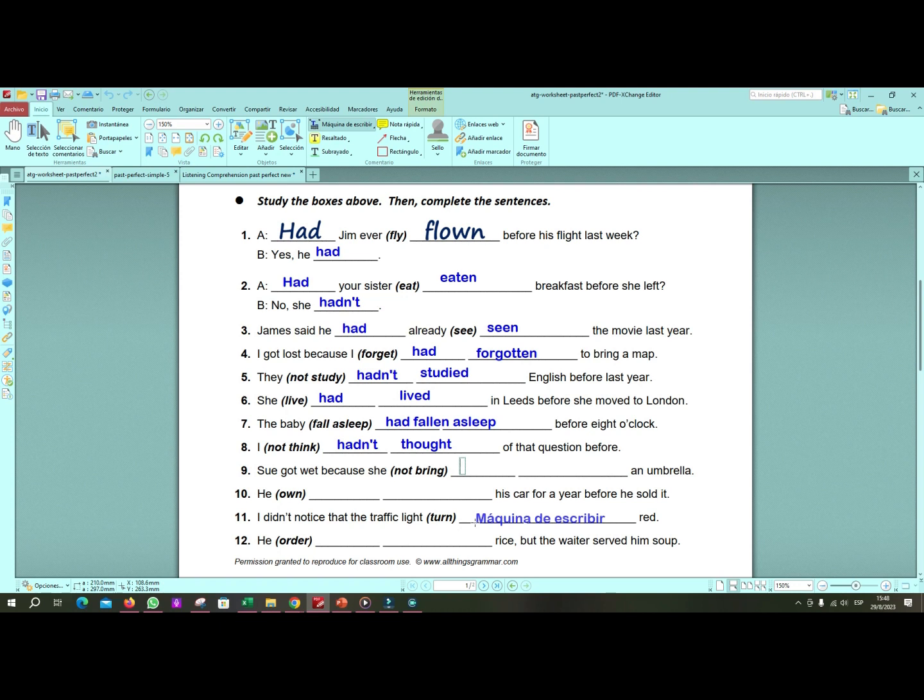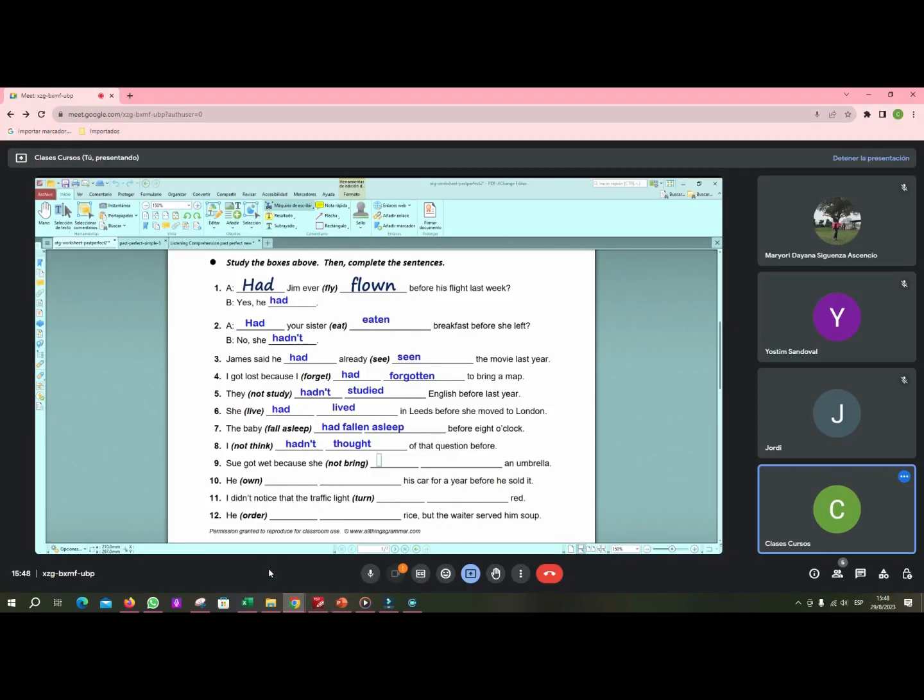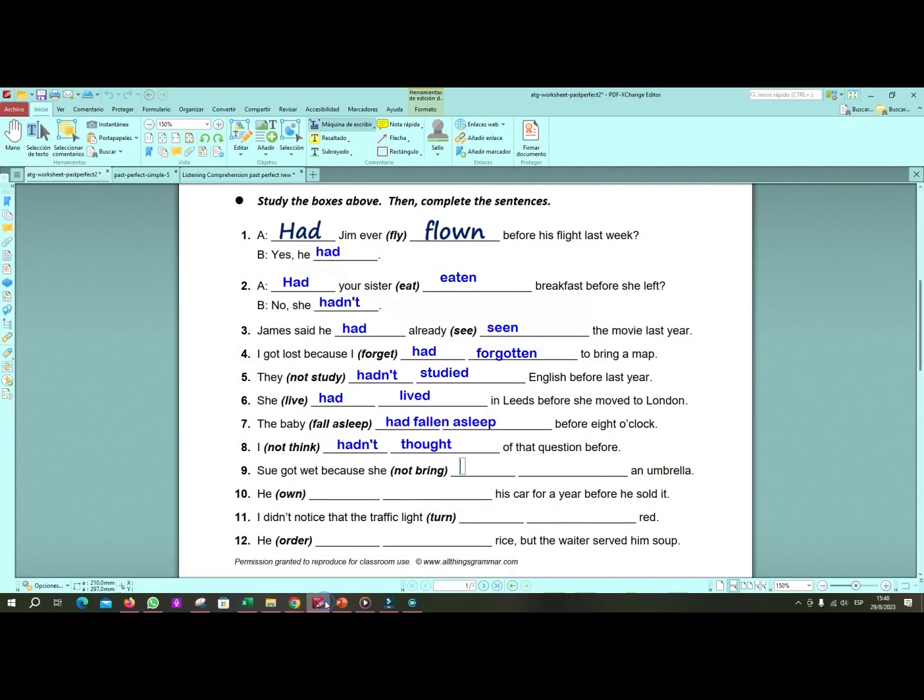Sue got wet because she, no, bring, an umbrella. Justin, do you have that one? Sue got wet because she, not? No? So that's the negative one. So hadn't brought. In that way. Brought, right, an umbrella. Yes.